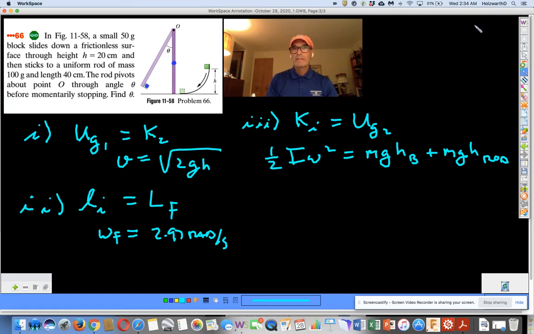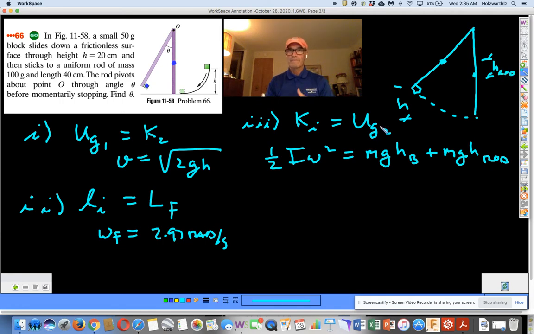So if you think about this, I'm going to draw. There's the rod with the block stuck on it. This is where it is, full length. So there's the h of the block, and then here's the h associated with the center of mass of the rod. So we're going to have two terms here.